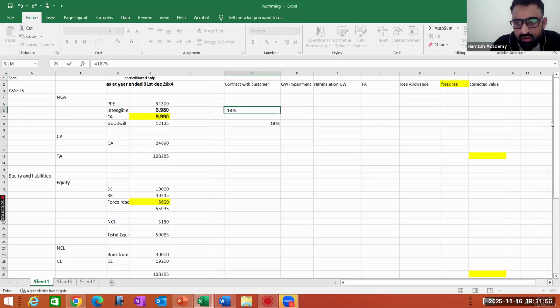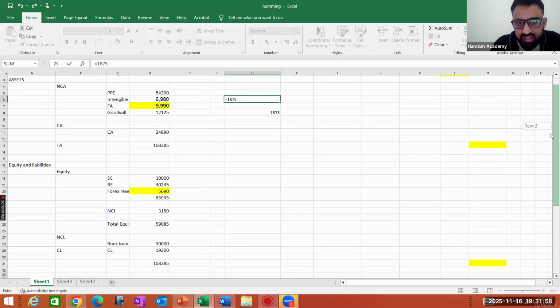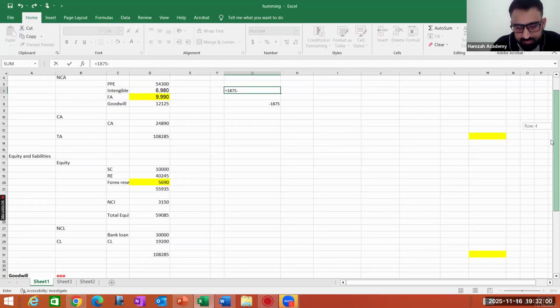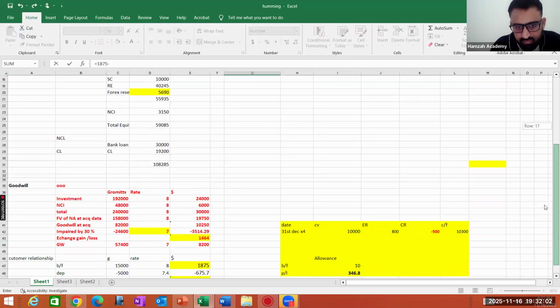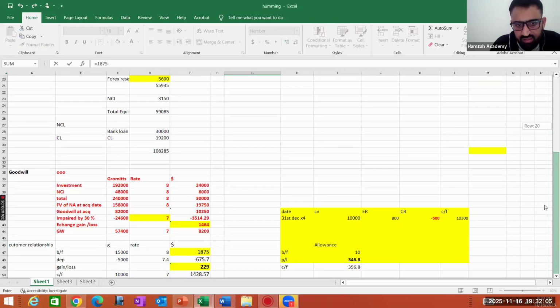But after recognizing the goodwill, there will be a depreciation as well, which is 675, which will decrease the asset, and 229 exchange gain, which will increase the asset.